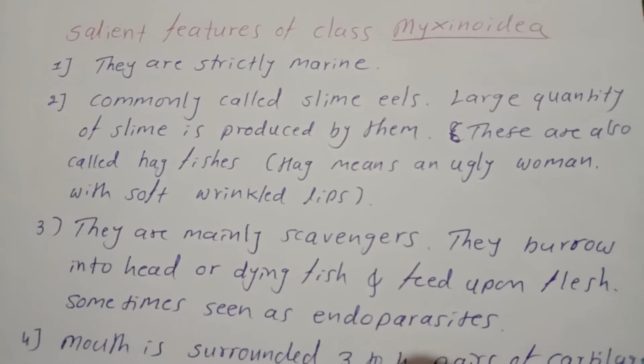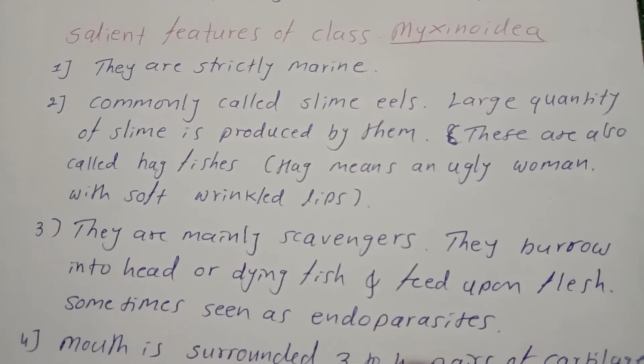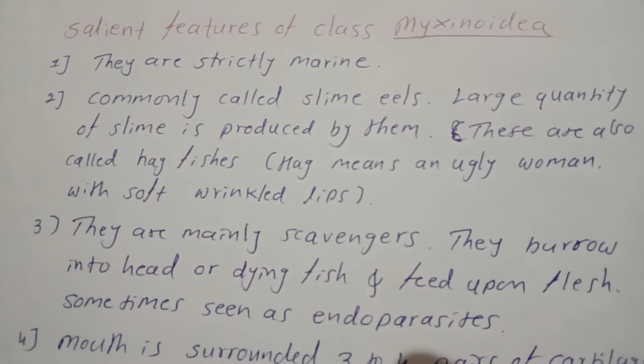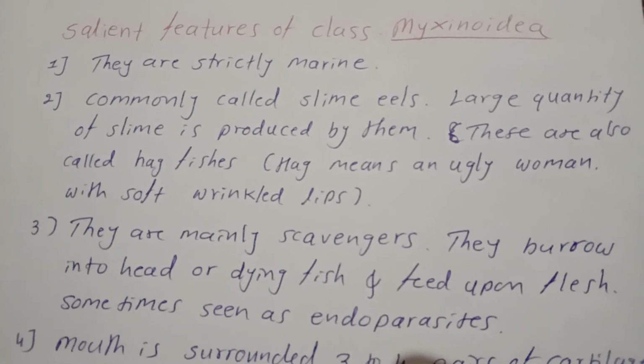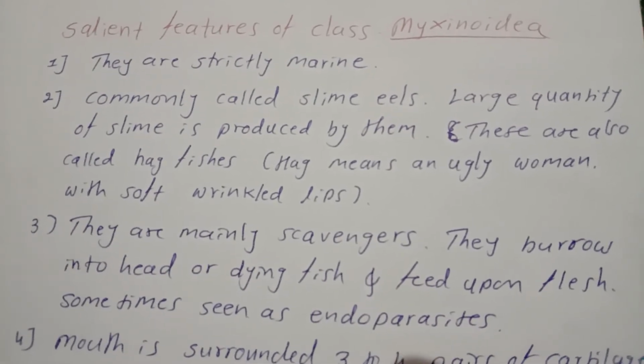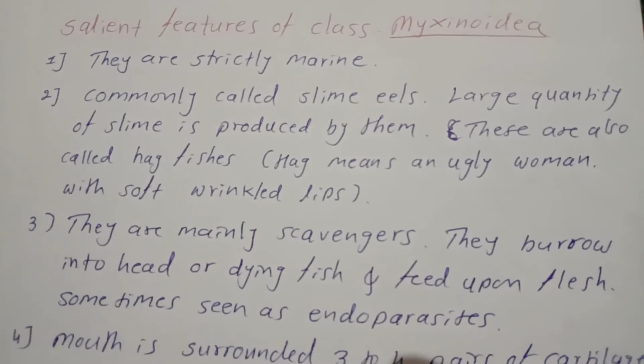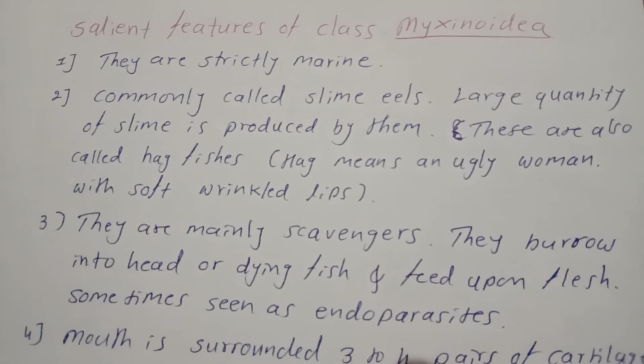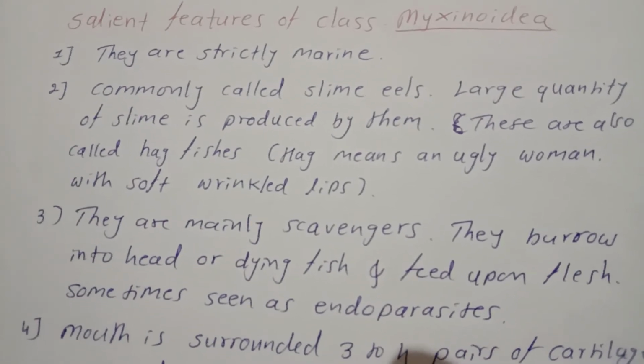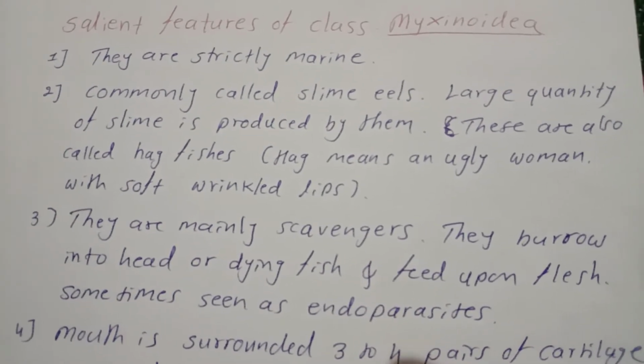They are commonly called slime eels. These produce a large quantity of slime, so they are called slime eels. These are also called hagfishes.